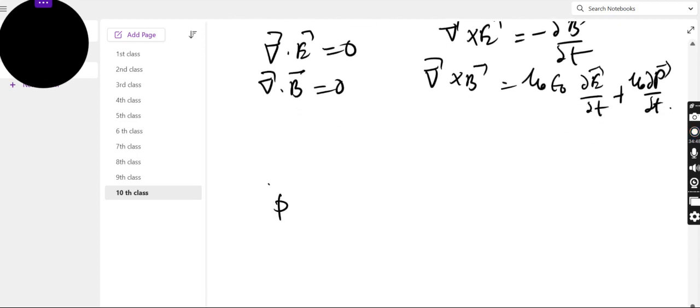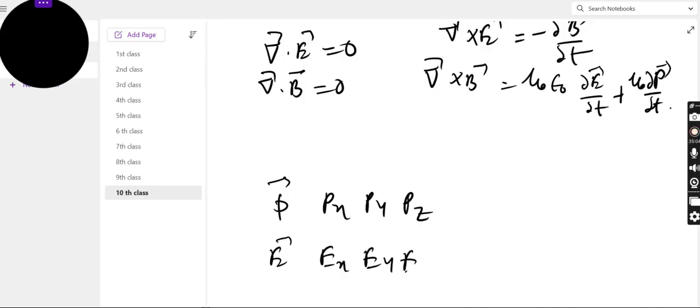So the polarization is a vector. So it has Px, Py, Pz, and the electric field has Ex, Ey, and Ez. Unfortunately, it's not a linear relation that Px will lead to Ex and Py will lead to Ey and Pz will lead to Ez. No, that's not the case.